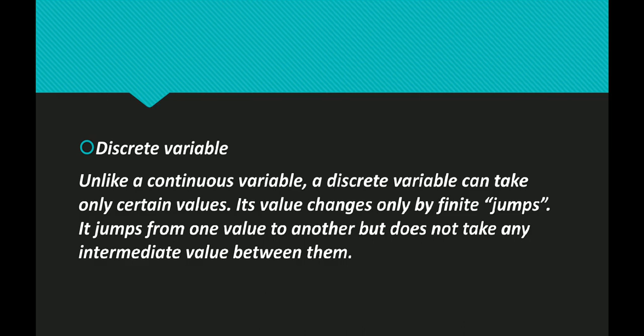It cannot take any fractional value like 0.5 because half of a student is not observed. Therefore, it cannot take a value like 25.5 between 25 and 26. Instead, its value could have been either 25 or 26.